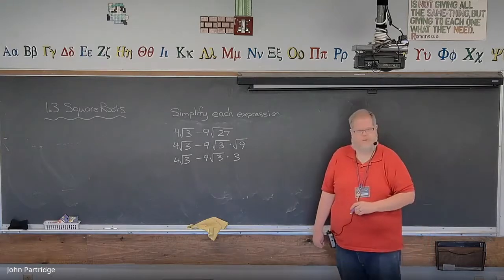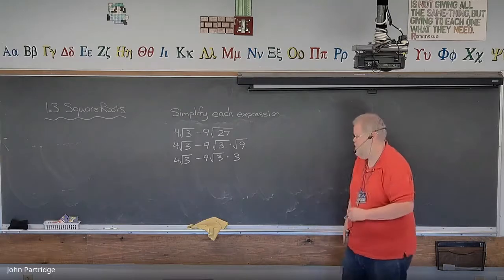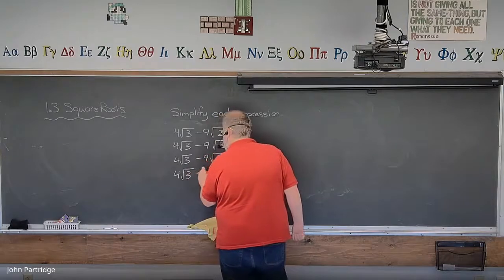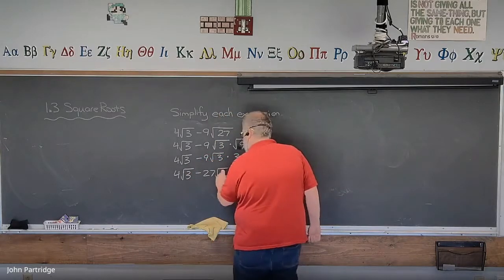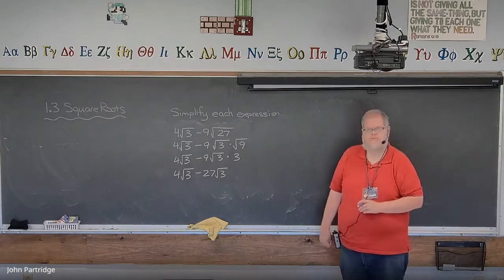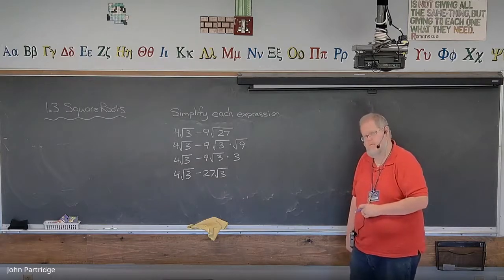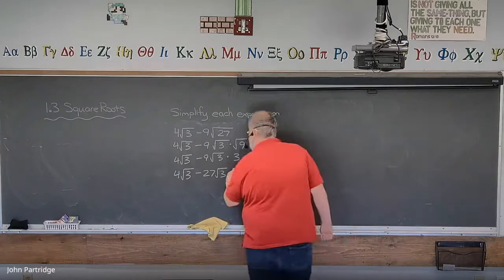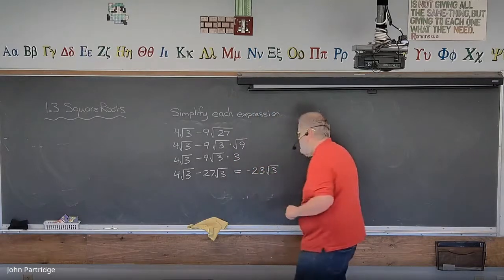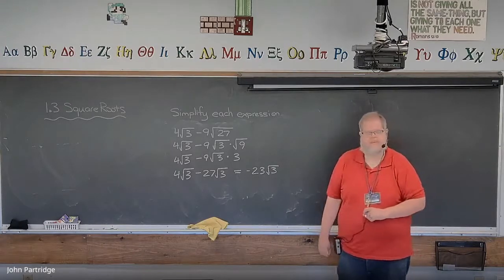Four square roots of 3 minus 9 square roots of 3 times 3. Four square roots of 3 minus 27 square roots of 3. Final answer? Negative 23 square roots of 3.